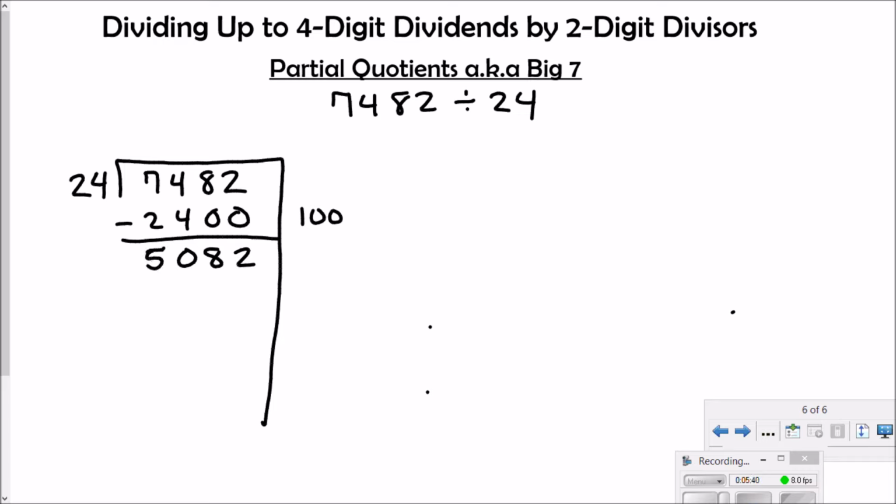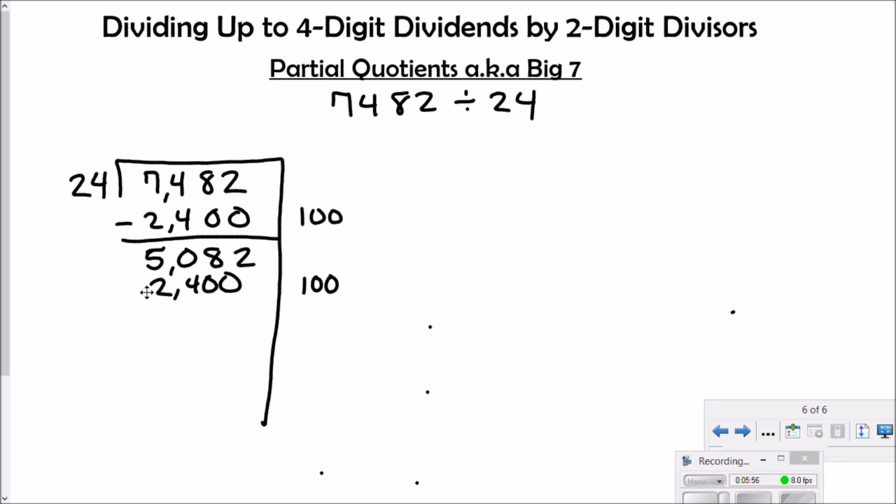When I do so, I get 5,082, which I still can subtract groups of 24 from, and it looks like I can get another group of 100, or 2,400 that is, out.